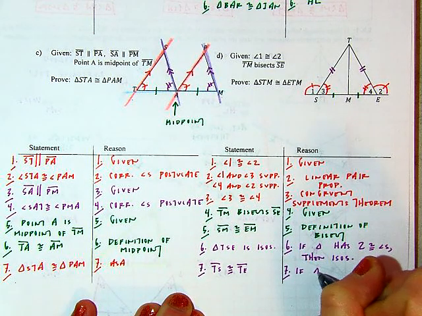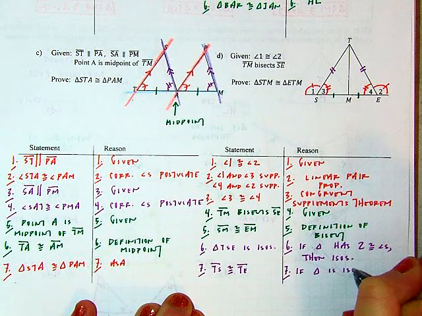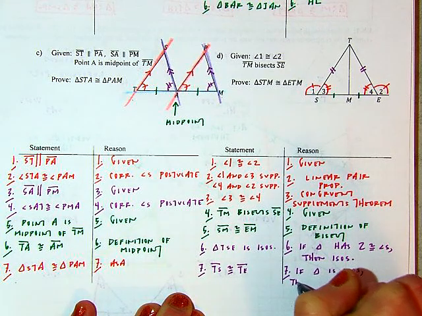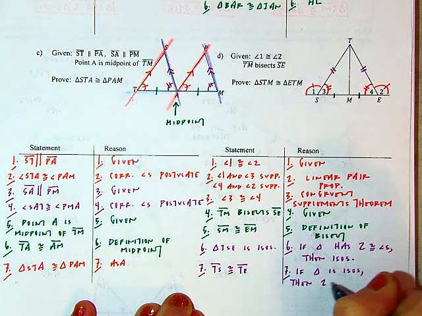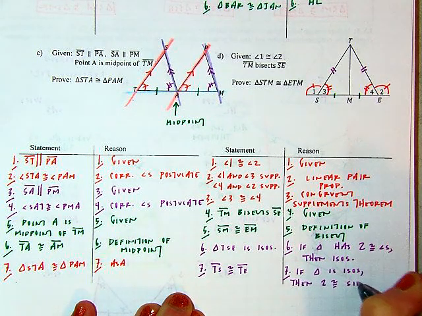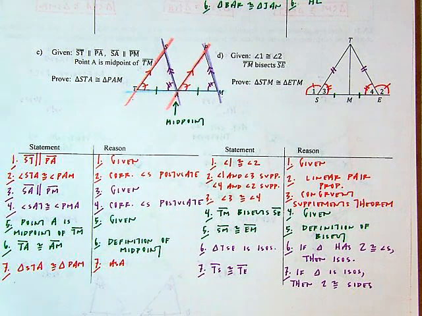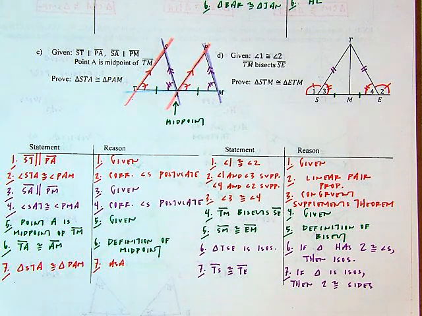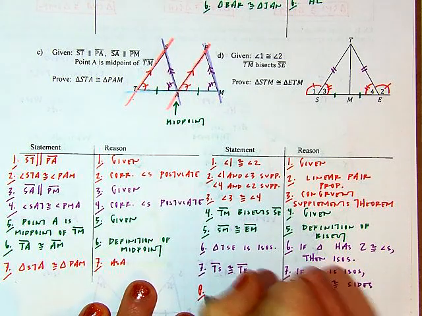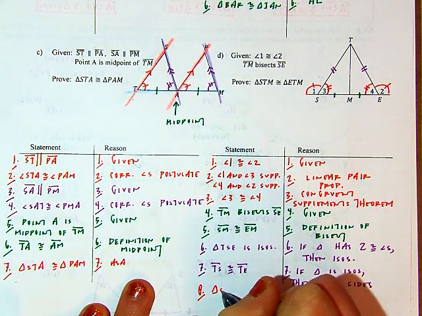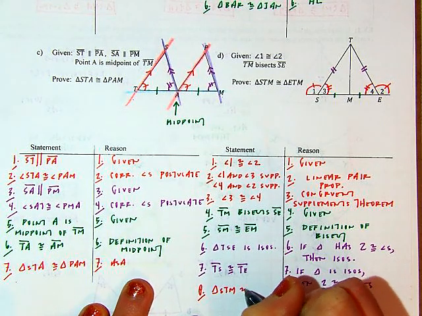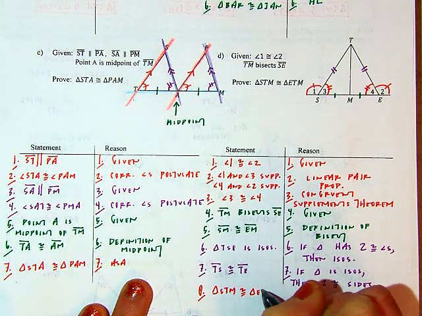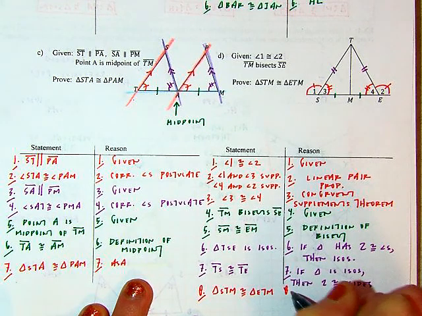So if the triangle is isosceles, then it has two congruent sides. And now I have enough. I have side, angle, side. I can say that my two triangles are congruent. So right here, step 8, I can say that triangle STM is congruent to triangle ETM. Side, angle, side.